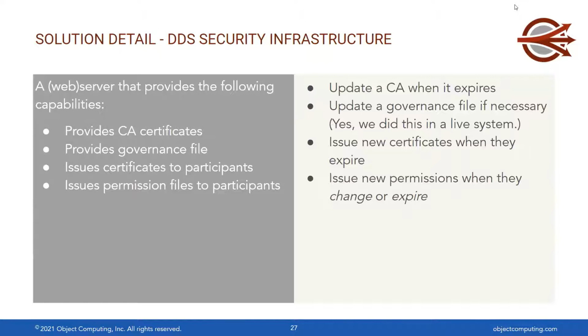It's really just a web server that provides the CA certificates, provides the governance files, issues certificates, and then issues permissions files to participants. This allows you to do things like updating a CA when it expires, updating a governance file if necessary, and yes, we did this on a live system and it worked, issuing new certificates when they expire, and issuing new permissions when they change or expire, and I'll talk a little bit about both of those in the next slide, or the next two slides.